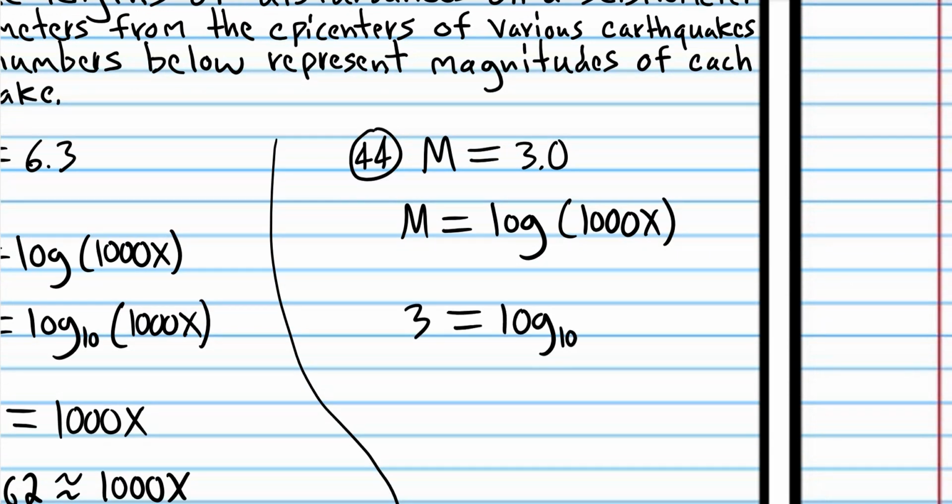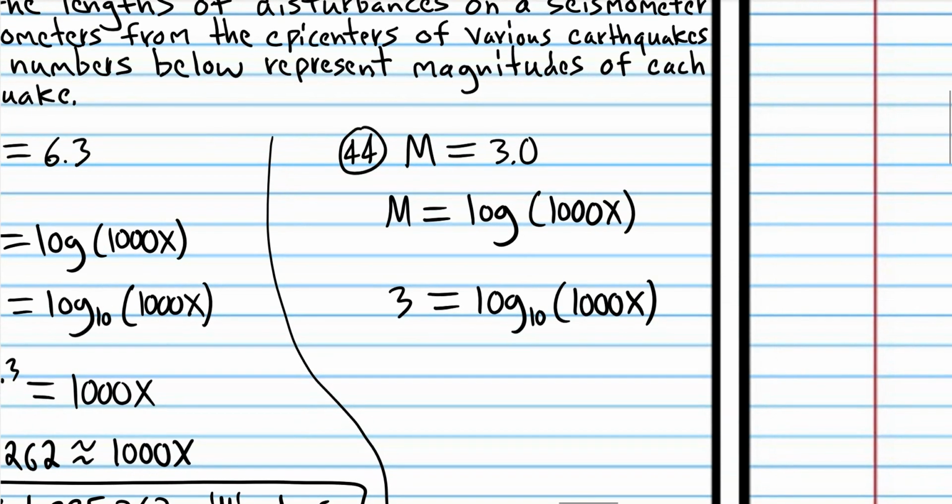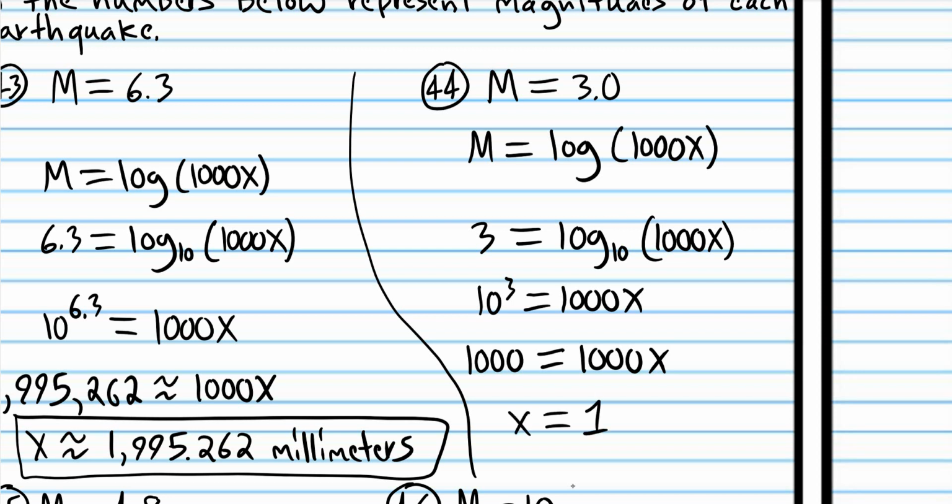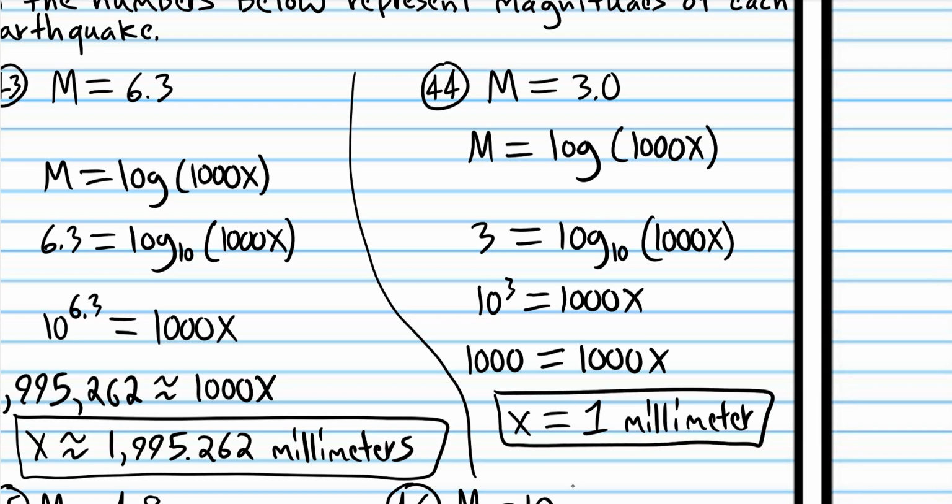And we know the base of that logarithm is 10, because if there is no base written, it must be 10. That's just notation. Then we're going to translate to an exponential equation. 10 to the third power is 1,000. Divide both sides by 1,000, and x is equal to 1. So it's actually 1 millimeter, a 1 millimeter disturbance on the seismometer.